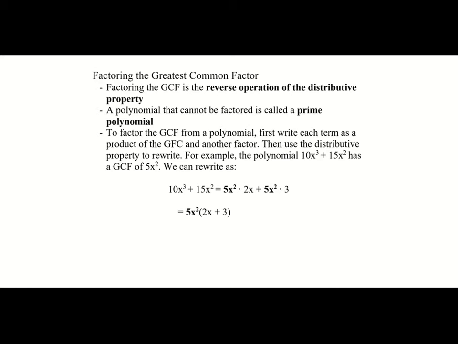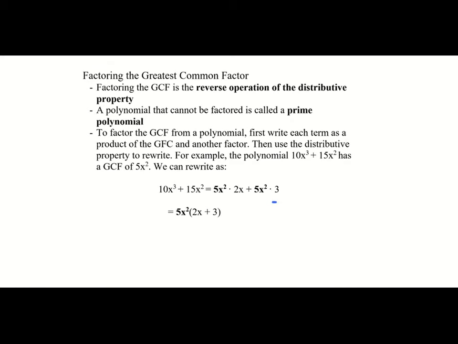And what you want to do to factor out your greatest common factor is you're going to write each term as a product of the greatest common factor and another factor. Kind of what I call it is we're undoing what's been done. So we're going to take our greatest common factor, and some people write it out like this as a multiplication problem and then pull out the common one.